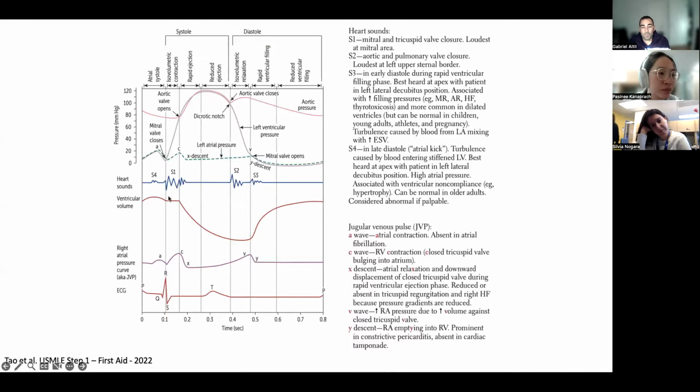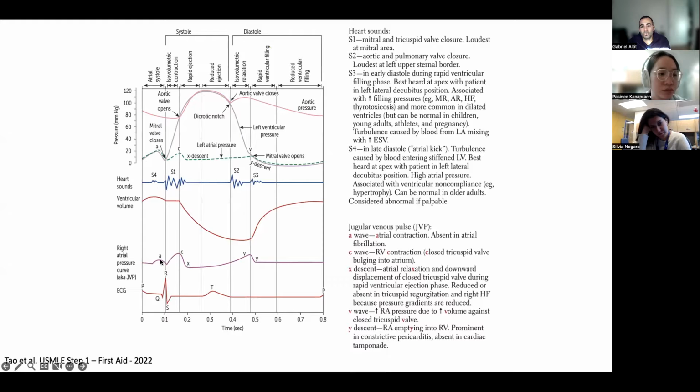This graph is also very important. It puts in relationship what you see in the right atrial pressure versus what you see in the pressure of the system. Exactly like I mentioned, yes, you're around 3 to 5 millimeters of mercury, but there are still changes in your atrial pressure throughout the cardiac cycle.